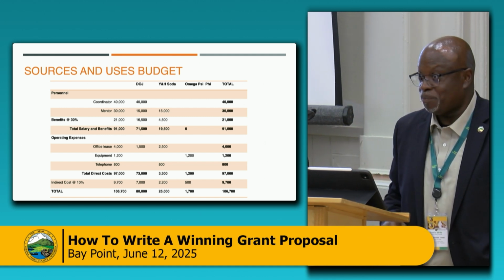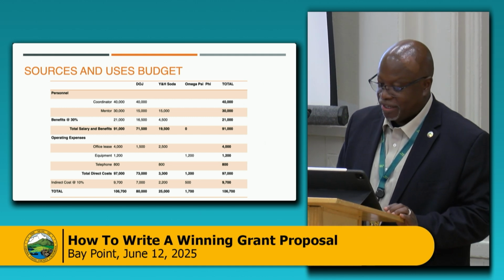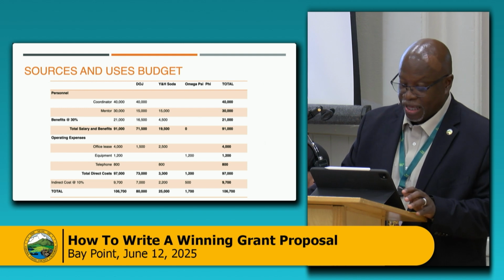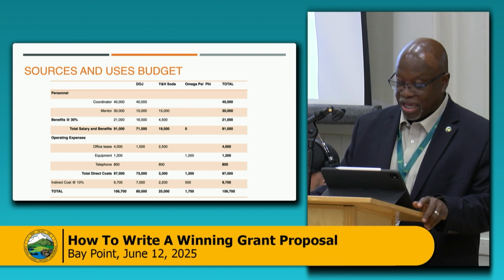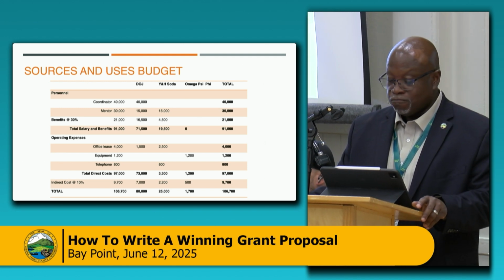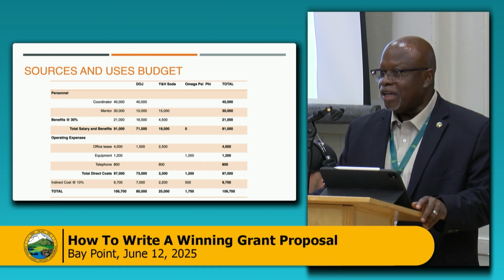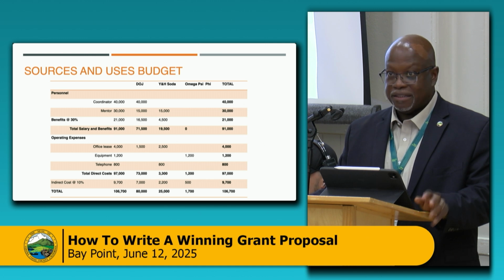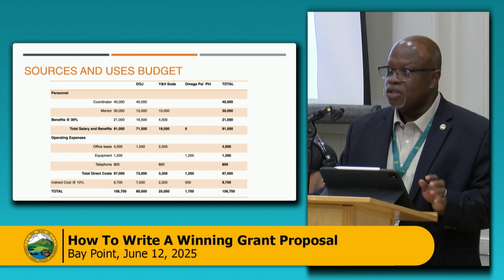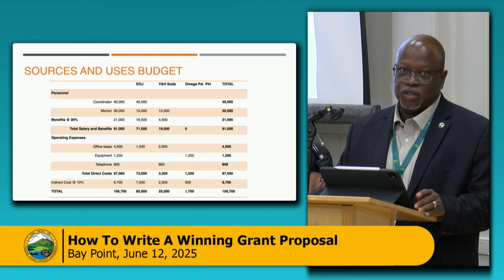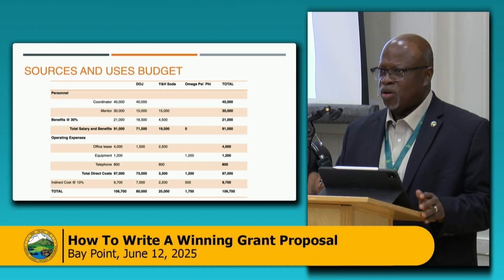Now, let's say you come to apply to Keller for money, and we're looking at this as your sources and uses budget, and you've asked us for money to pay for the office lease. And we are just not inclined, I'm not saying this is the case, but I'm giving you an example. We're just not inclined to pay for office lease. That's not what we want to fund.